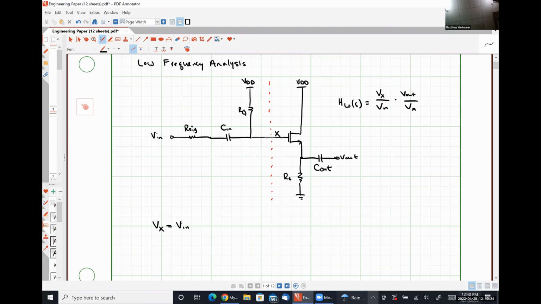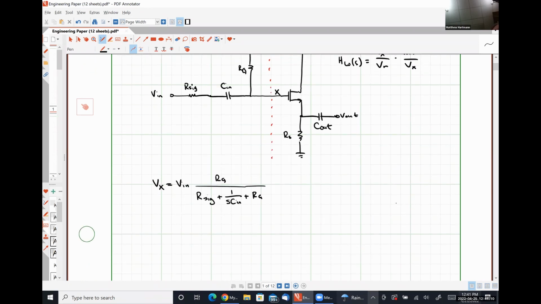So that means that we're going to have a ratio of RG divided by R sig in series with the impedance of the capacitance Cn plus RG in our denominator. So I'm going to have this R sig plus 1 over S Cn plus RG down here.